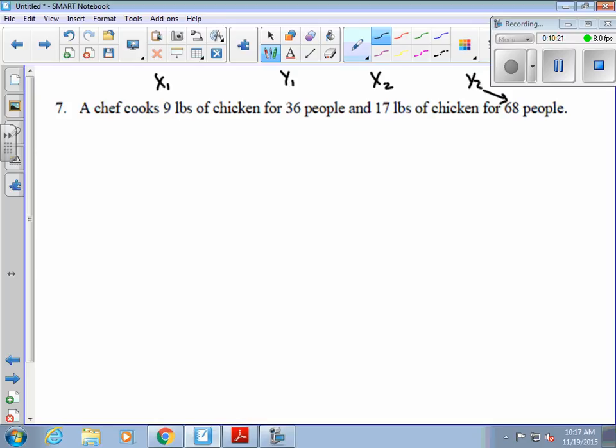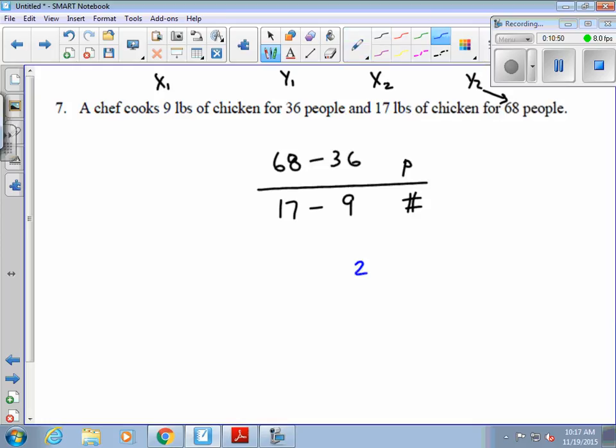So your change of Y over your change of X. 68 minus 36, this is the people, over 17 minus 9, this is the pounds of chicken. So 68 minus 36 is 32 people, and 17 minus 9 is 8 pounds of chicken.